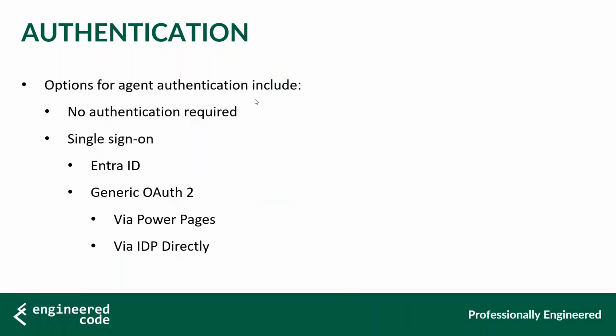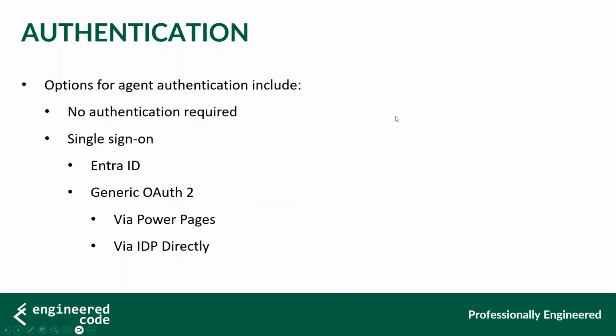The options with Copilot Studio for single sign-on include Entra ID. So if your Power Pages site is just using Entra ID, you can hook that in, or you can use a generic option, which they call OAuth 2 within Copilot Studio. In that case, you can basically take the token that Power Pages gets from the auth provider and consume that, and single sign-on in Copilot Studio as well.